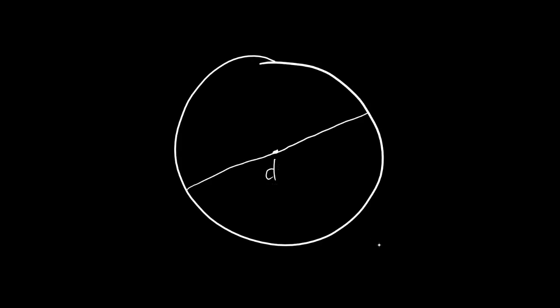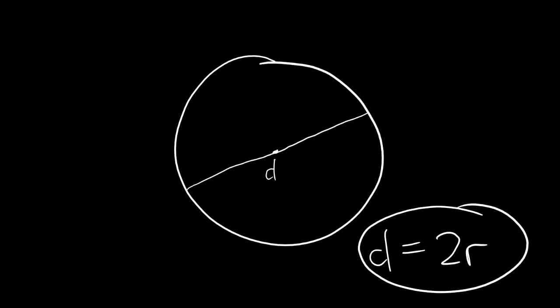You may have realized that the diameter is exactly 2 times the radius. If you're given the diameter and you need the radius for a certain formula, divide the diameter by 2, halve the diameter. So say it was 10, then the radius is 5, and use the radius equals 5 in your calculations.